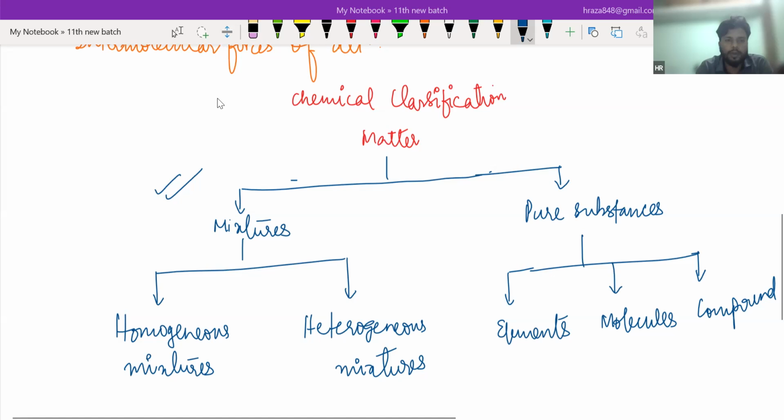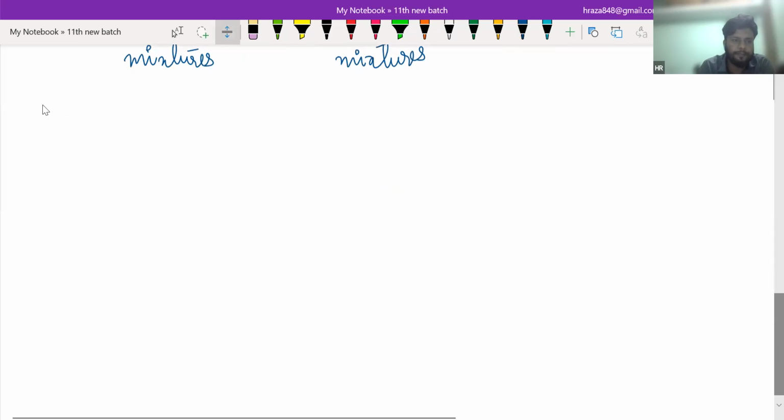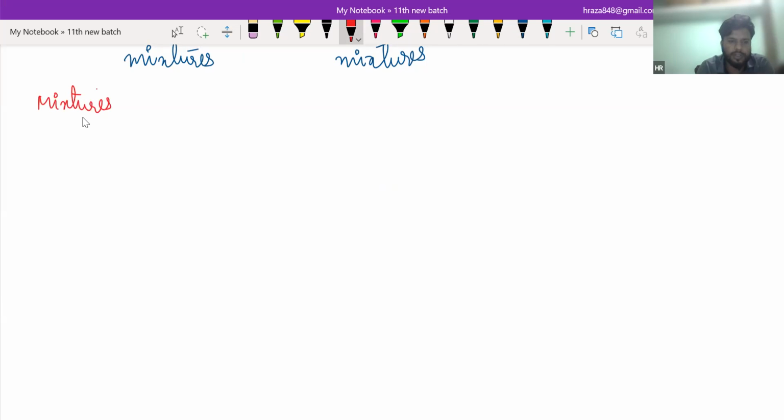So going to start the next point, that is mixture. What is mixture basically? I'm going to define it and then I will explain it.